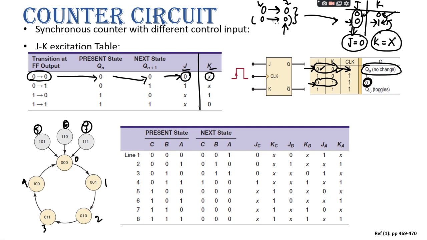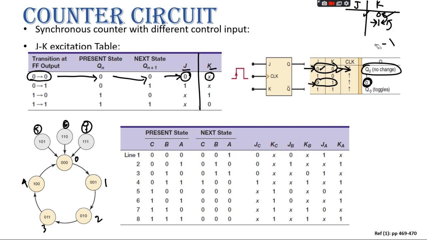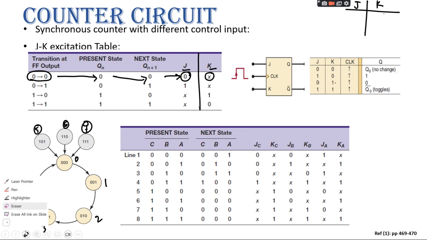If I do the next transition, 0 to 1. So 0 to 1 means my state is changing, right? Yes, sir. So we should go to the toggle mode first.